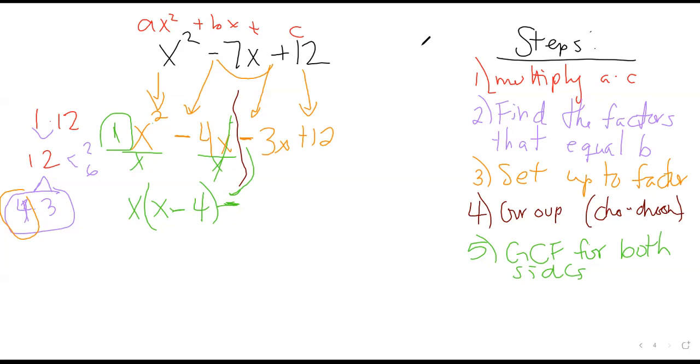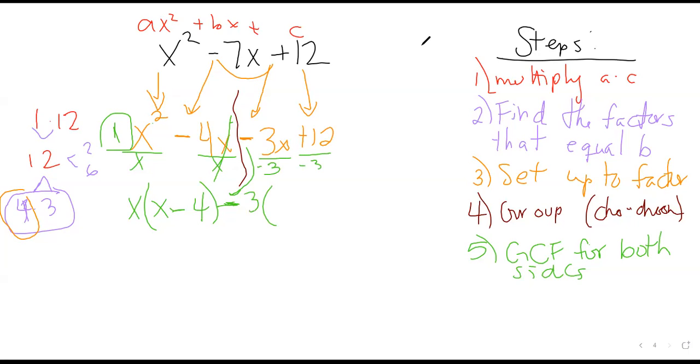It can't be x. So I'm only looking at my 3 and 12. Do they have anything in common that can divide them both? 3. Oh, okay. 3 is my greatest common factor. There's no x, so I can only divide by 3. Technically, I'm dividing by a negative 3.